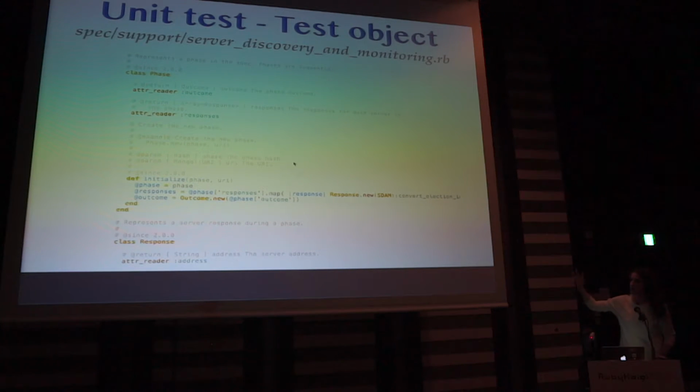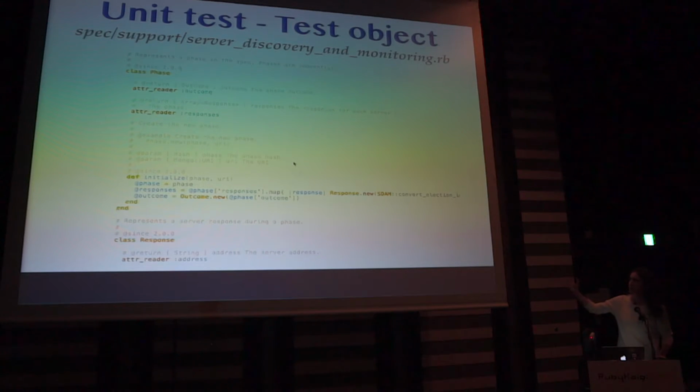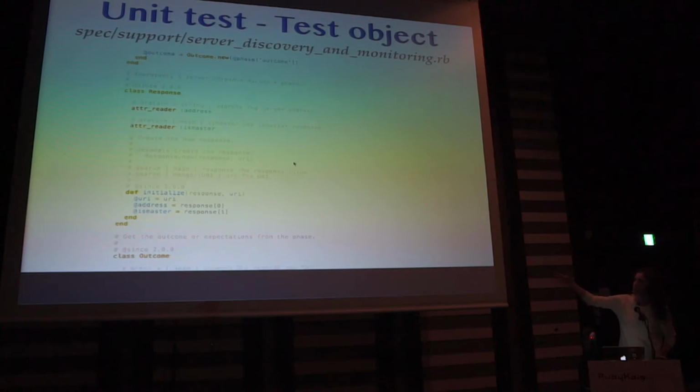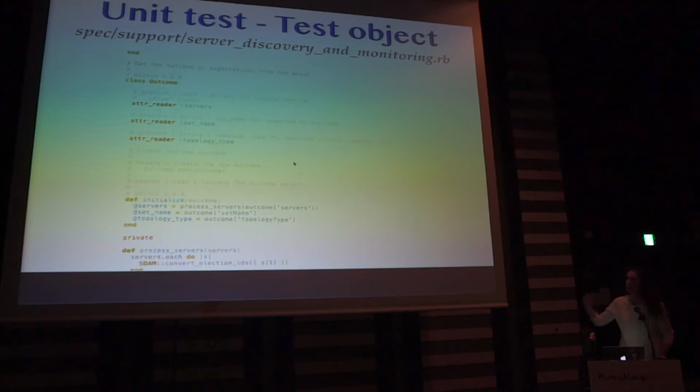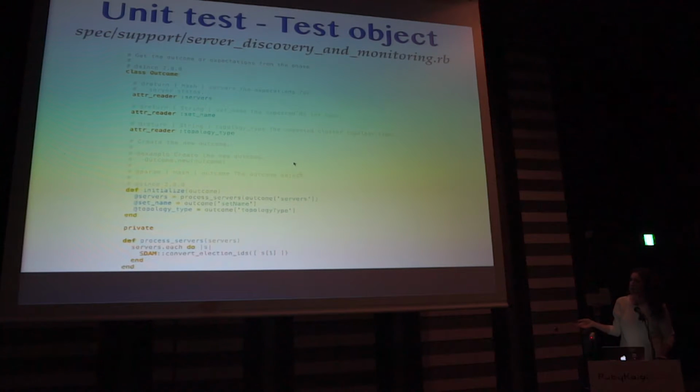And the phase knows how to get responses, and then there's an object wrapping the outcome. So each one of these can be interpreted, and methods are called on these objects in the course of running the RSpec. And the custom matchers we wrote interpret the state of each one of these objects and verify whether or not the test has passed.